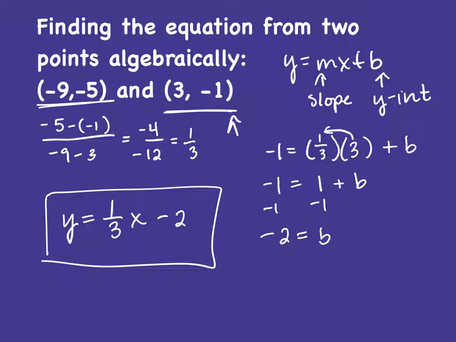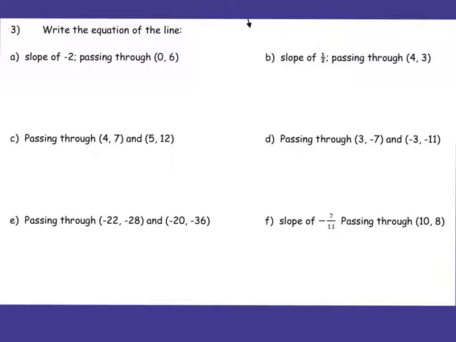So that's one way to go about it. These I'm going to go ahead and leave. So if I have a slope of -2 passing through 0, 6, that's my y-intercept because x is 0. So I've got y equals -2x plus 6. That one is simple enough.